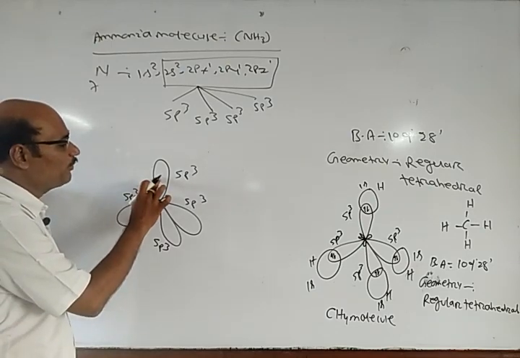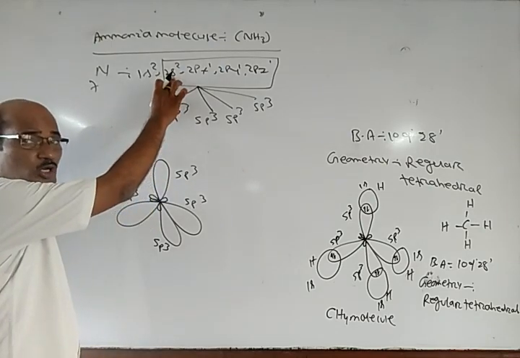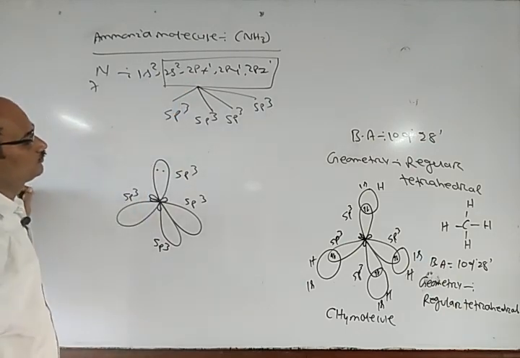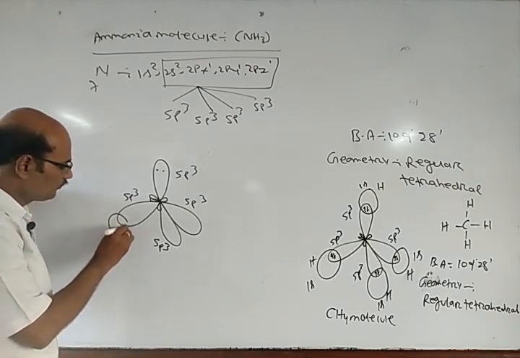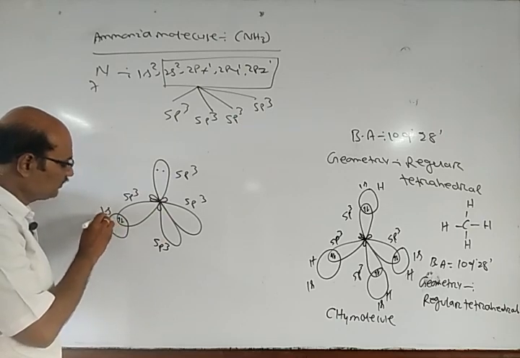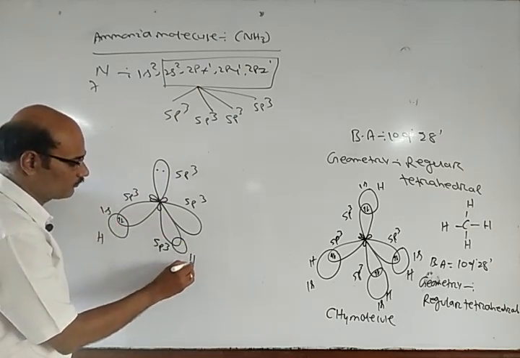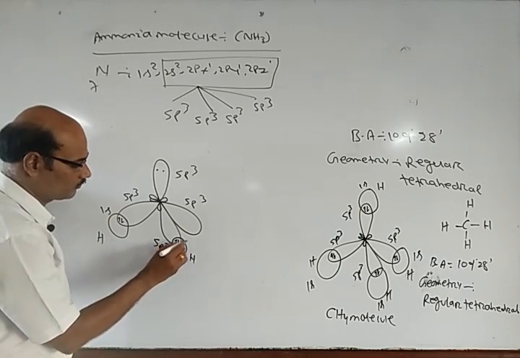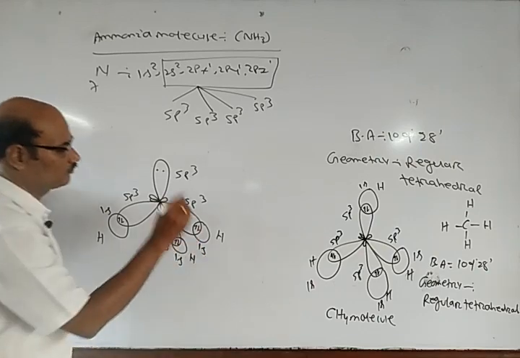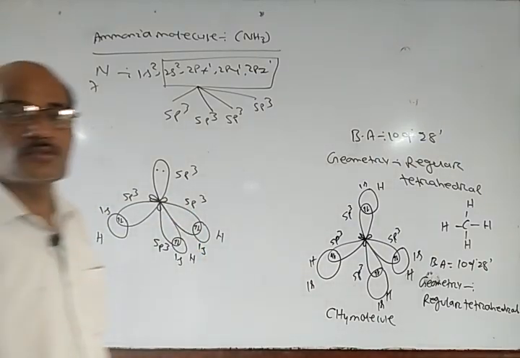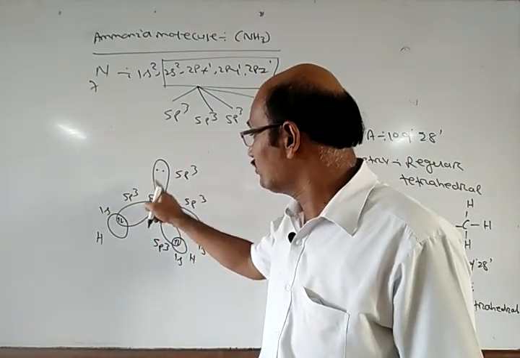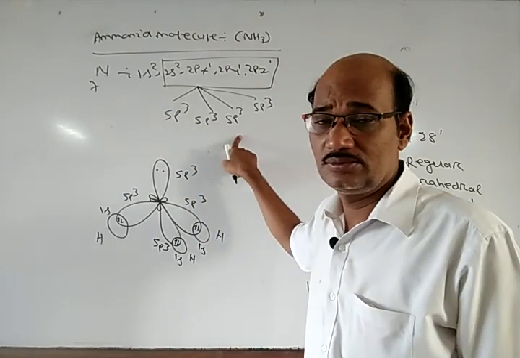One sp3 hybrid orbital contains the 2s2 lone pair of electrons, and the other three form sigma bonds with the 1s orbitals of the hydrogen atoms. So this nitrogen atom here is sp3 hybridized.